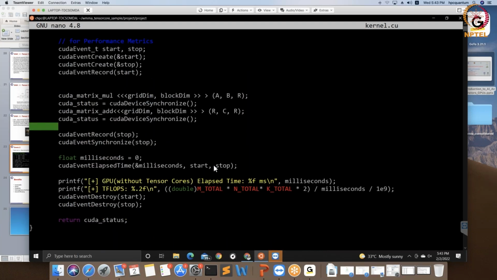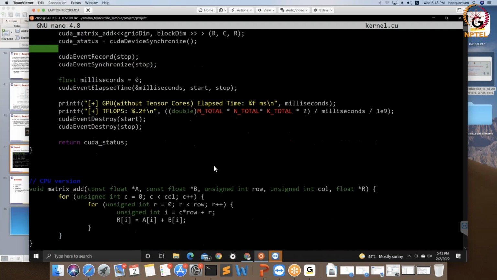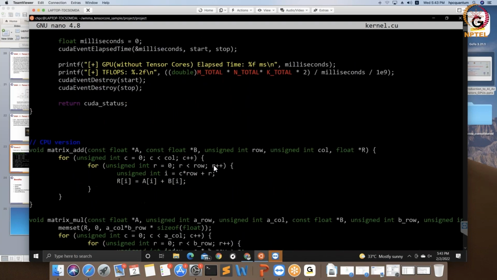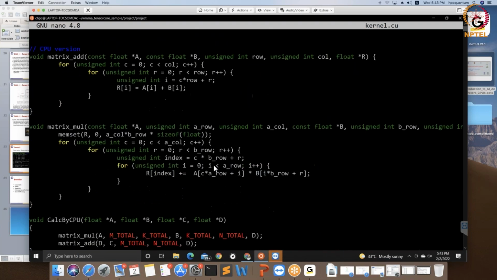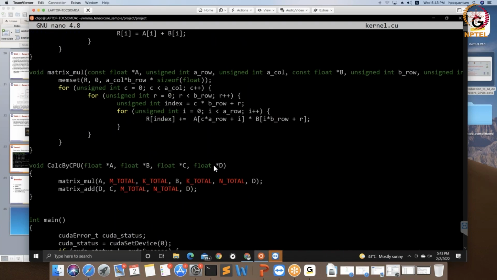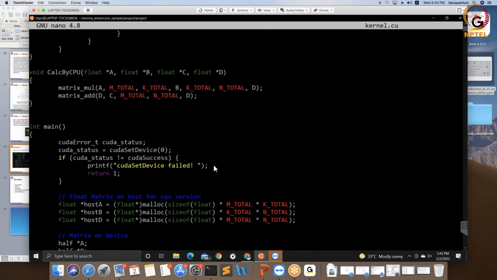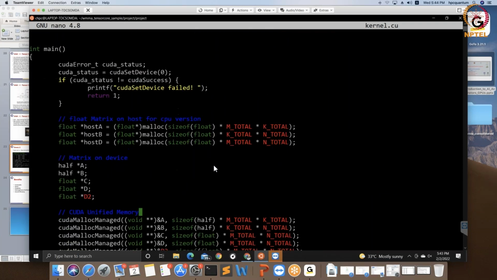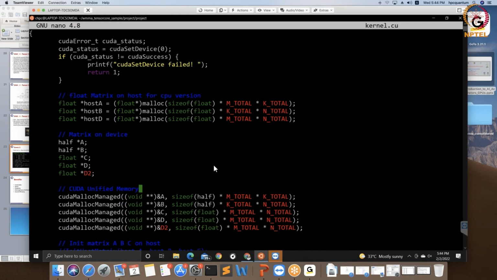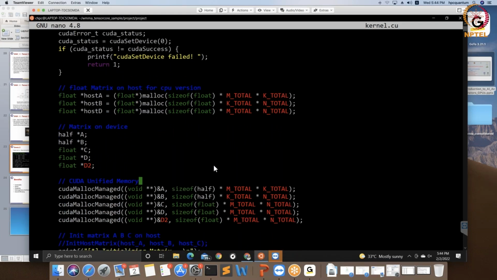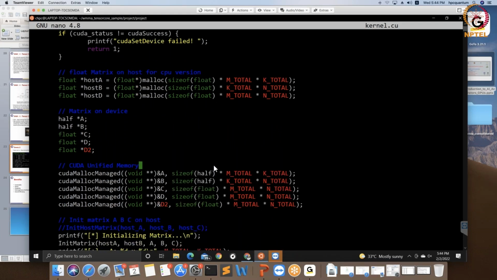And then this is again a very, very basic rudimentary CPU version, which talks of doing the same thing and then trying to do the multiplication and stuff like that. So this is just trying to also use the unified memory. And yeah, so that's it.